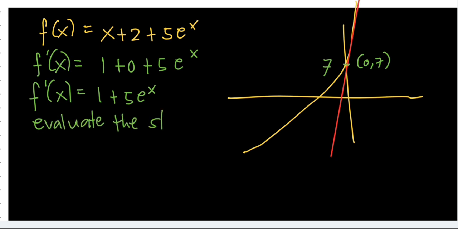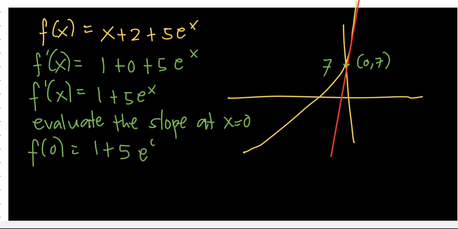And then we evaluate the slope at x equals 0. So f prime of 0 is equal to 1 plus 5 e to the 0. So this is 1 plus 5, so this is 6.